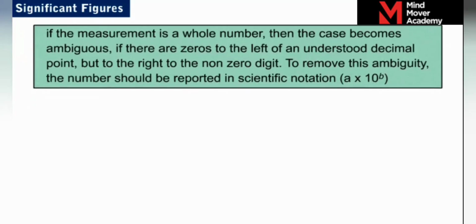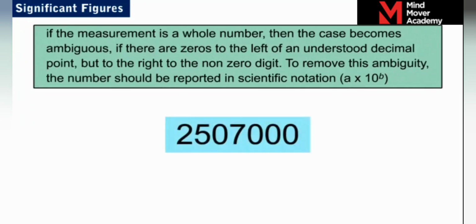For example, let's take a number 2507000. This is a whole number. According to rule number 1, there are 7 significant digits in this number. However, in this number, there is an understood decimal point, which is usually not written. The rightmost non-zero digit in the number is 7.